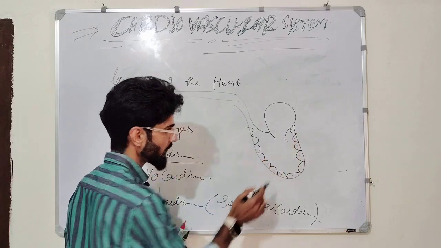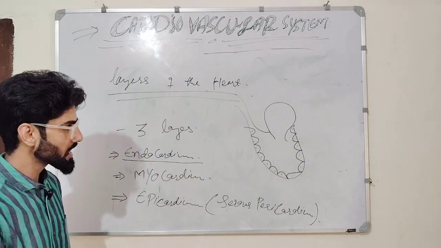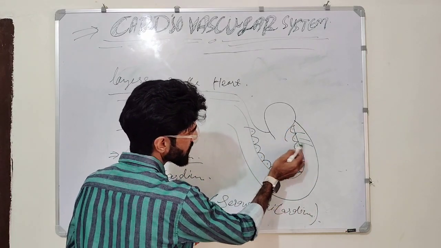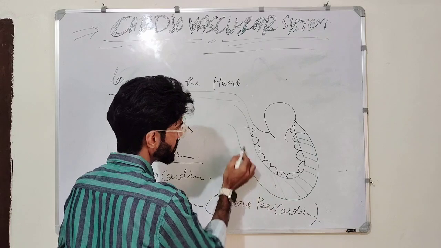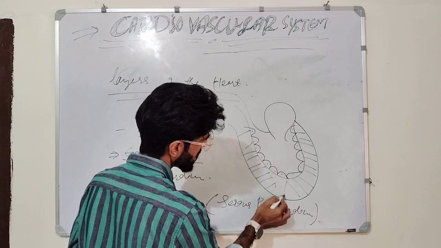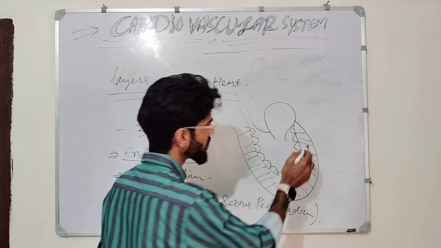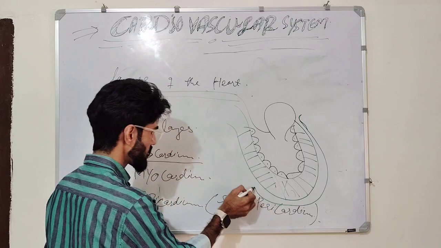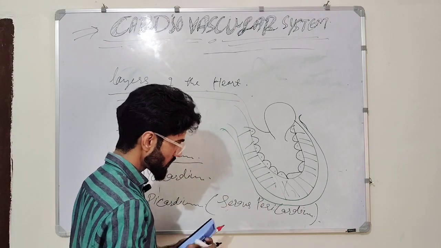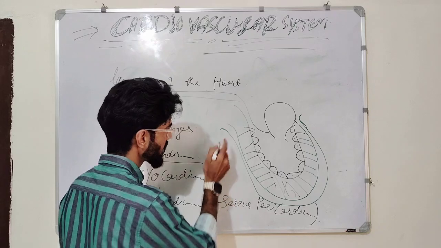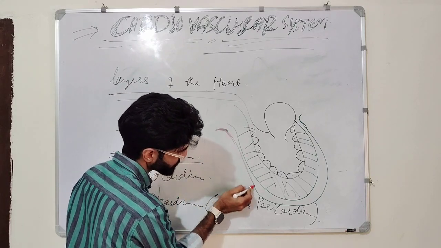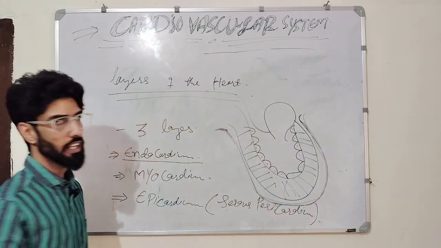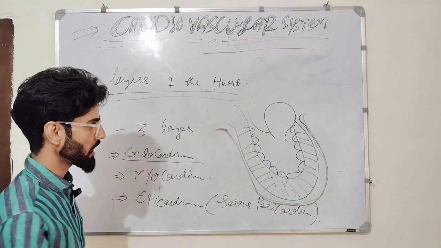Suppose this is the inner layer, this is endocardium, and the second layer is myocardium. And the third layer is epicardium or serous pericardium. I will make it in a different color so that it will be clear.